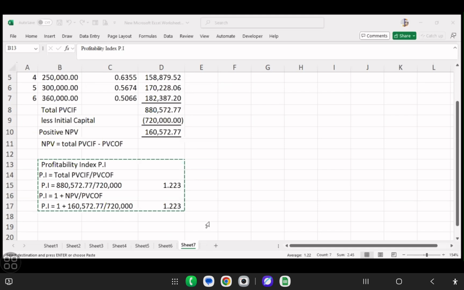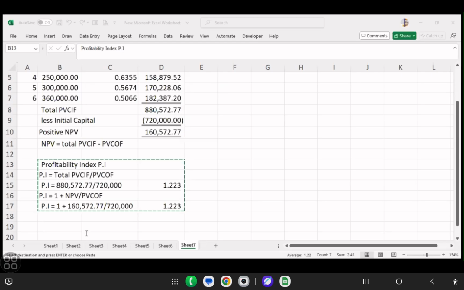Now, for the IRR, or before we go to the IRR, we ought to have made a decision and say that since NPV is positive, accept the project.